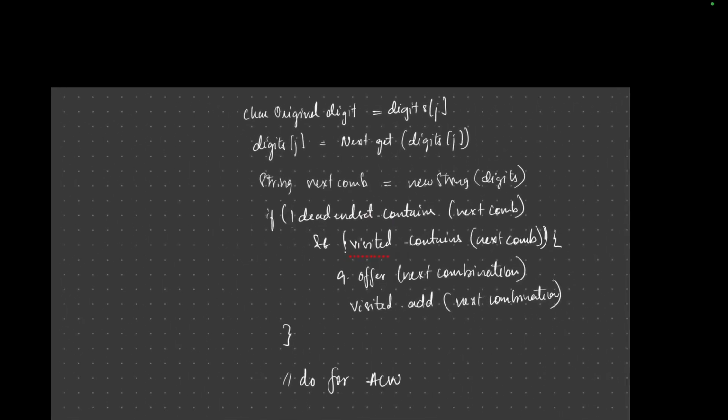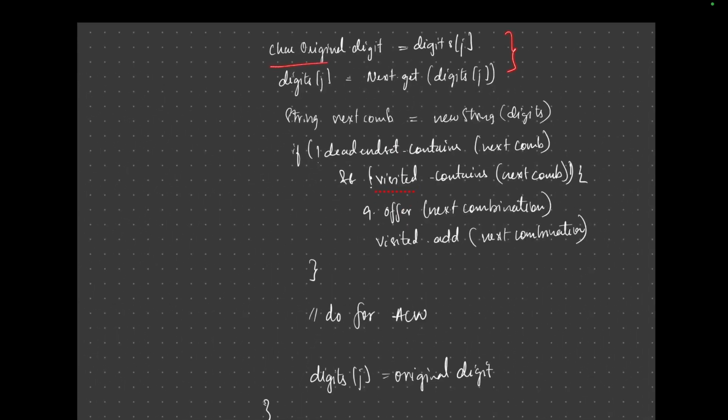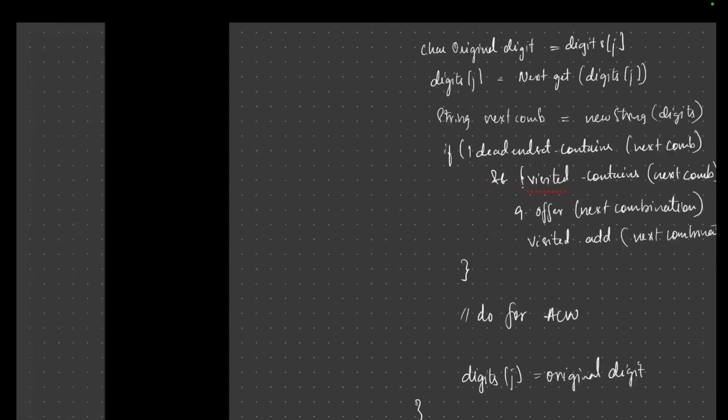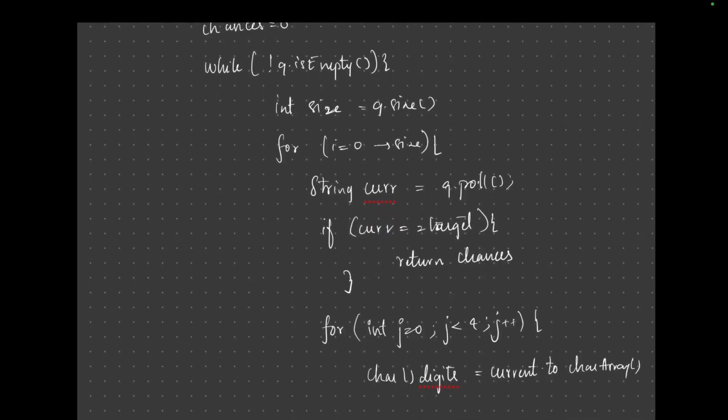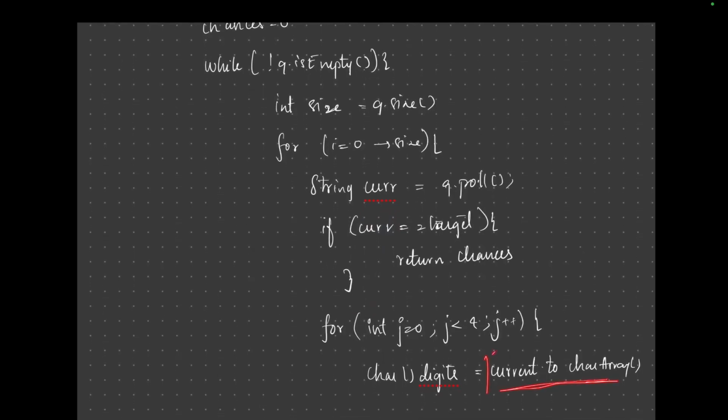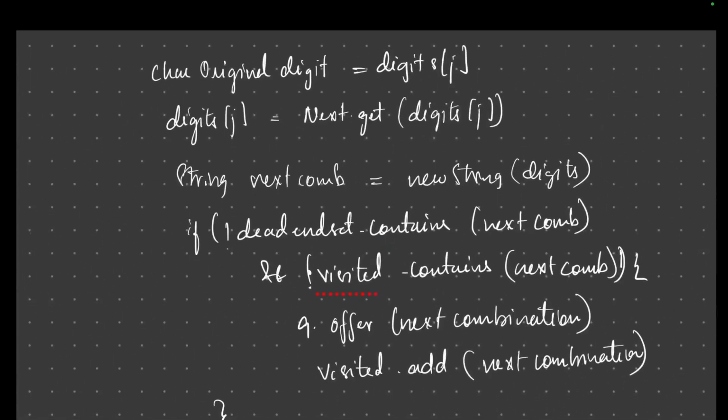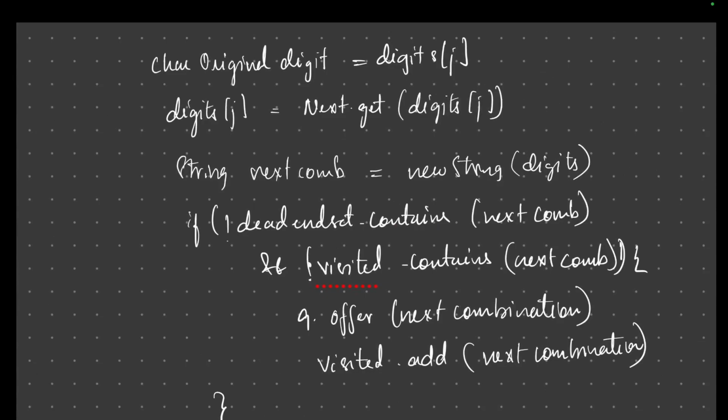You convert your current input string to a character array, and then you make a character original digit, which is the actual digit. Then you get your next digit from the next map. Now you define your next combo.